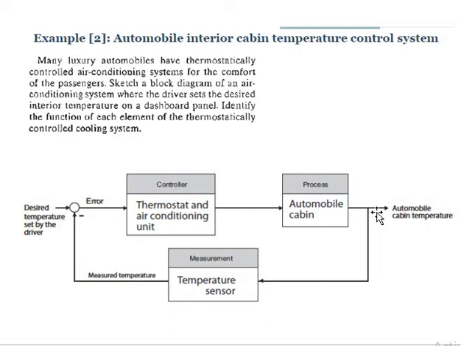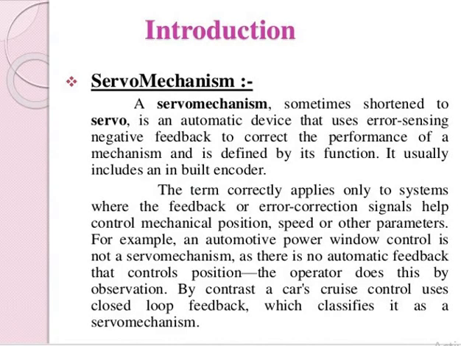If not, it will go to the temperature sensor, meaning the feedback element. Here the feedback element is the temperature sensor. We can sense it, and then see how much we want to send, 18 degrees. Suppose it is going at 16 degrees centigrade, again the error signal will be taken and sent to the thermostat and to the cabin. After processing, it will be sent to 18 degrees centigrade. That 2 degree temperature will be added and sent. Okay, that is a very clear example of closed loop control systems.